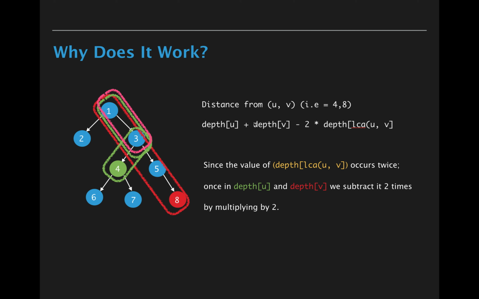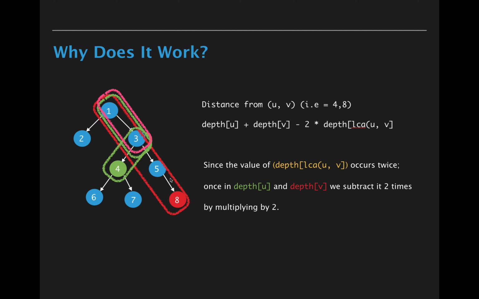Why does this give us the distance between the two nodes? Well, the distance between 4 and 8 equals this bit over here plus this bit over here. So these values exist somewhere between these numbers. How do we arrive at the value of this and the value of this? When you look at the value for 8, we added everything from the root to the 8. So we need to subtract something.